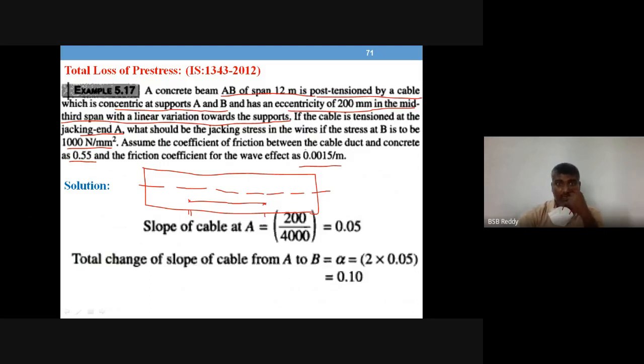With a linear variation towards the support. It is concentric at supports. Concentric at supports means zero eccentricity. Zero here, so just join by a straight line. I am not able to draw a straight line.